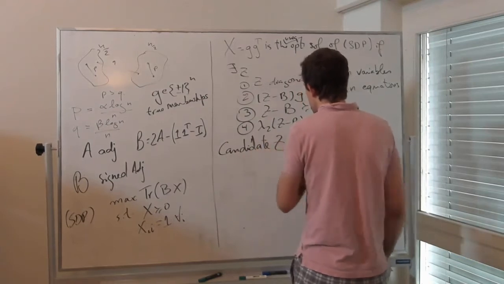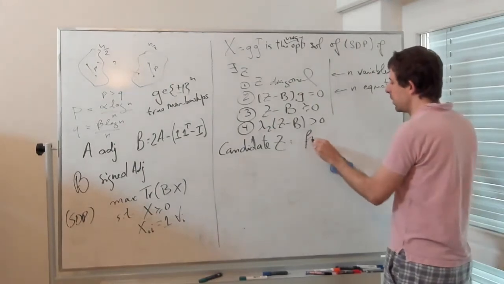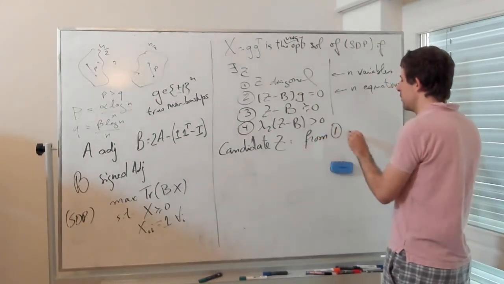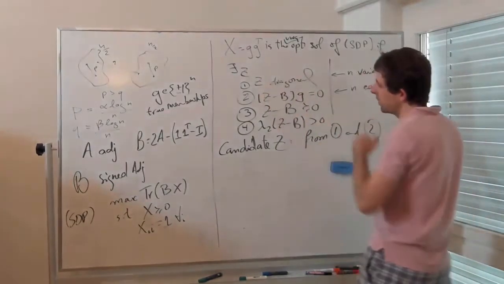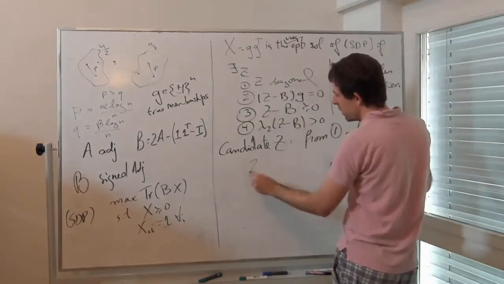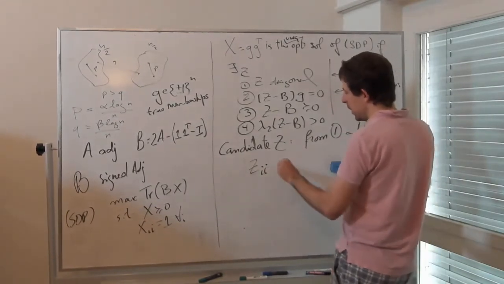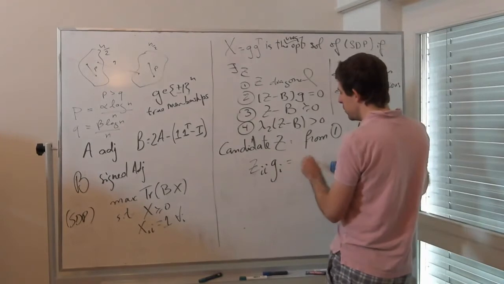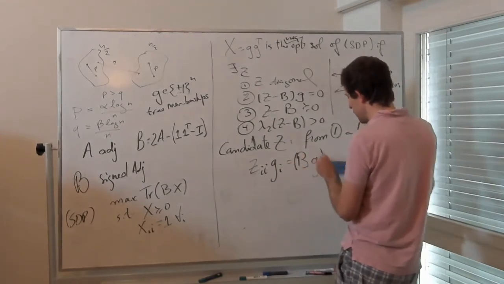From 1 and 2, since Z is diagonal, it's easy to see that we must have Z_ii g_i equal to entry i of B g.